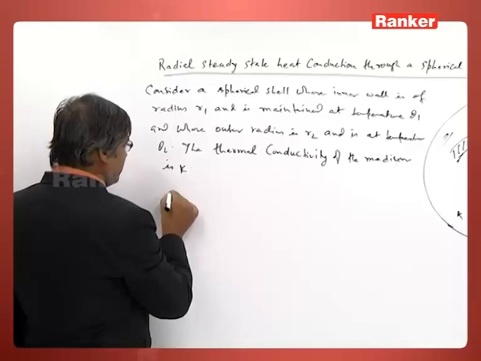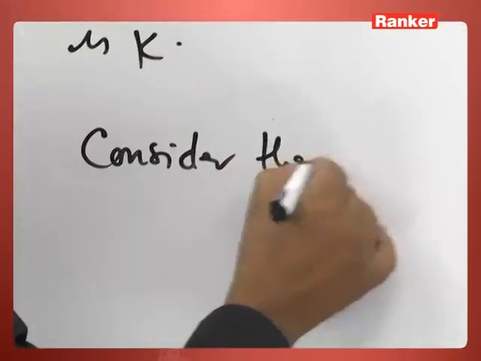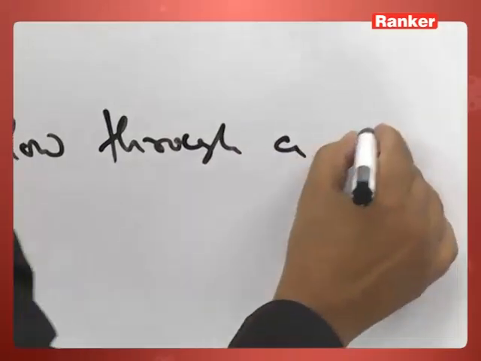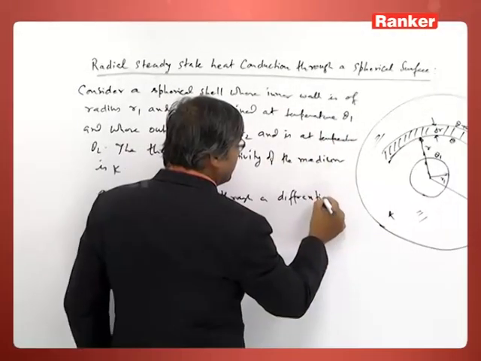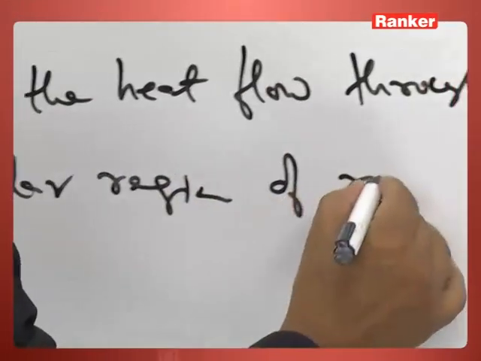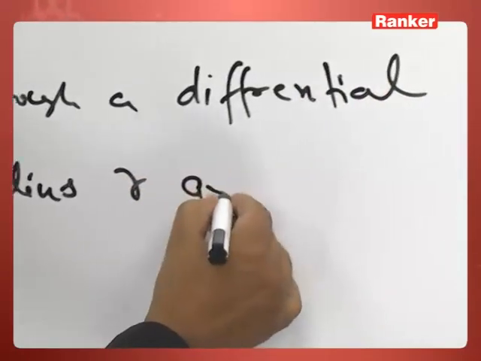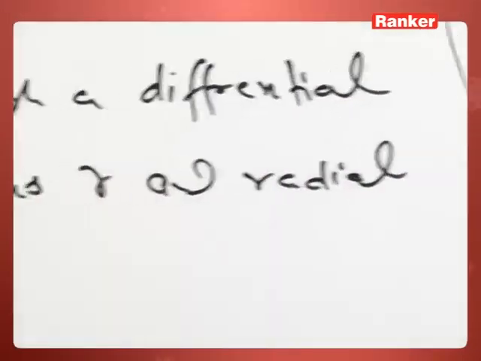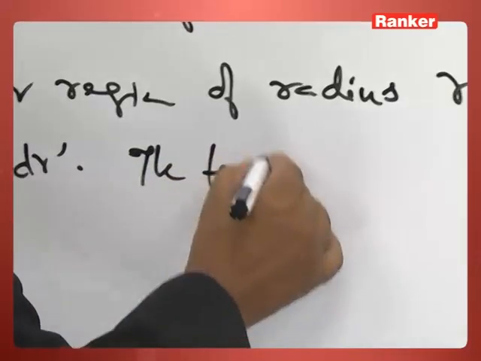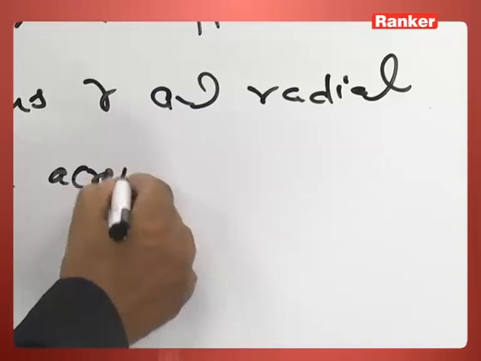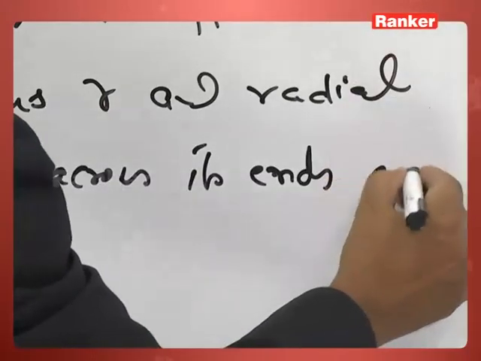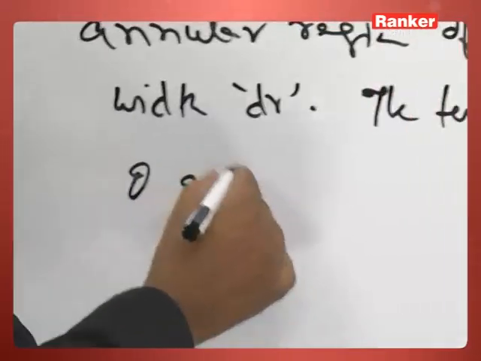So, consider the heat flow through a differential, that means small, annular region of radius r and radial width dr. The temperatures across its ends, that is radial ends, are theta and theta plus d theta.